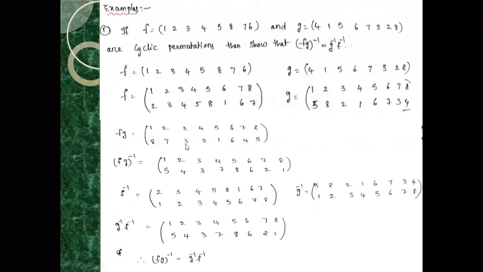Interchanging the first and second rows, we get 8, 7, 3, 2, 1, 6, 4, 5 over 1, 2, 3, 4, 5, 6, 7, 8. This can be written in order form.